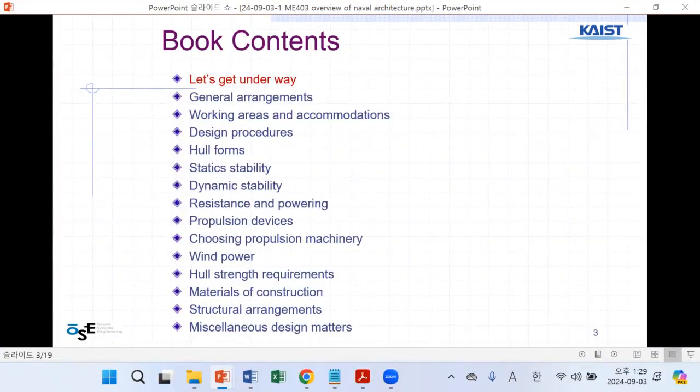And resistance and powering, how big should the engine be? Usually when the shipyard has a contract with the owner or customer, it's big money, right? Big money to build the ship. One of the key contract items is the speed of the ship. Then the designer should decide how big the engine should be, how many horsepower to guarantee the speed.